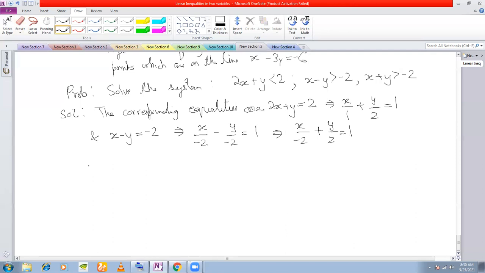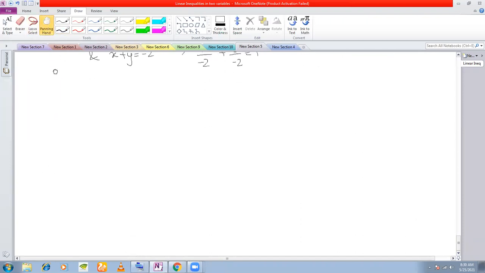Okay. The second one and the third one is... Okay. So now we shall draw the straight lines. Very easy to draw.